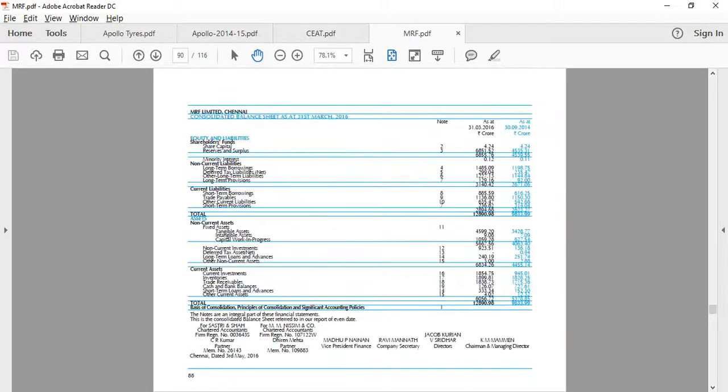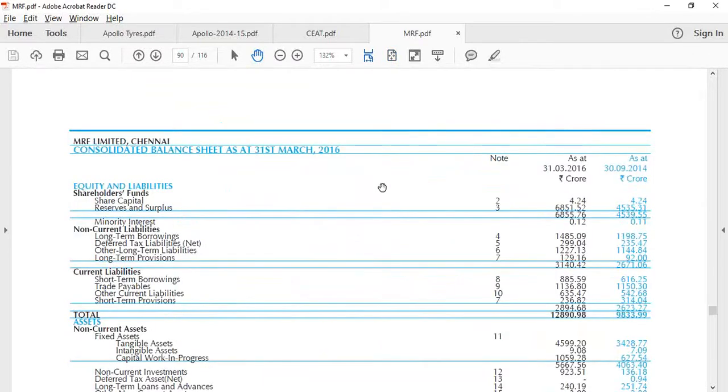So here we go. There is a financial statement that is available for MRF, the consolidated balance sheet. One interesting thing we will have to note is that this is as on 31st March 2016, but if we go on the right and look at the previous one, that's on 30th of September 2014.